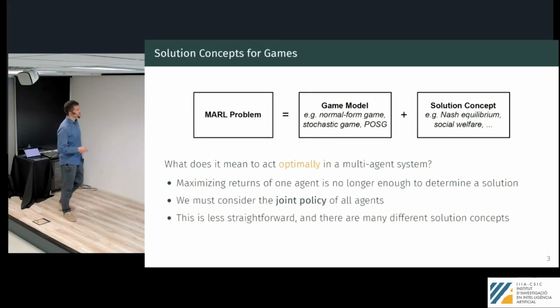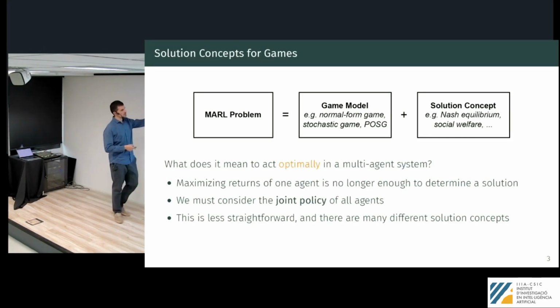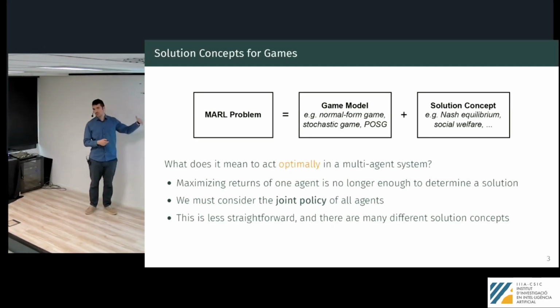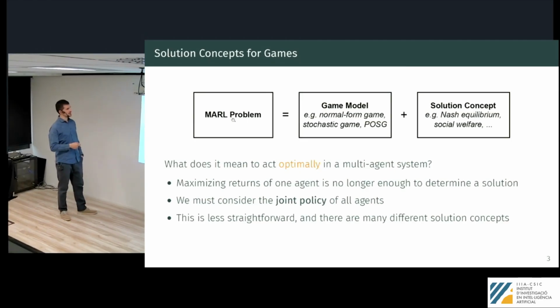All right, so let's talk about solutions for games. This looks very similar to what I showed you yesterday when we did the basic introduction for single agent reinforcement learning. If you remember, I had a similar figure where I said that an RL problem is defined as the combination of a sequential decision process and a learning objective. And it's very similar for games.